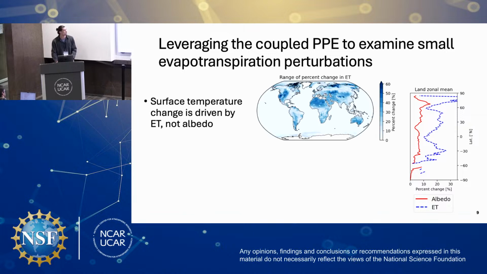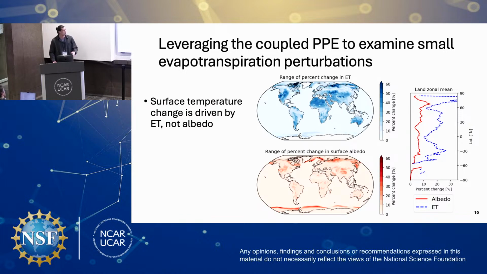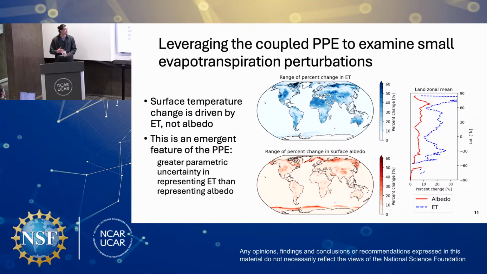I also have maps of change here, and again, over land, the range of percent change in ET is significantly greater than the range of percent change in surface albedo. We've come to view this as an emergent feature of the PPE, where the parameters we've changed amplify the fact that there's greater parametric uncertainty in representing ET over representing albedo in these simulations.